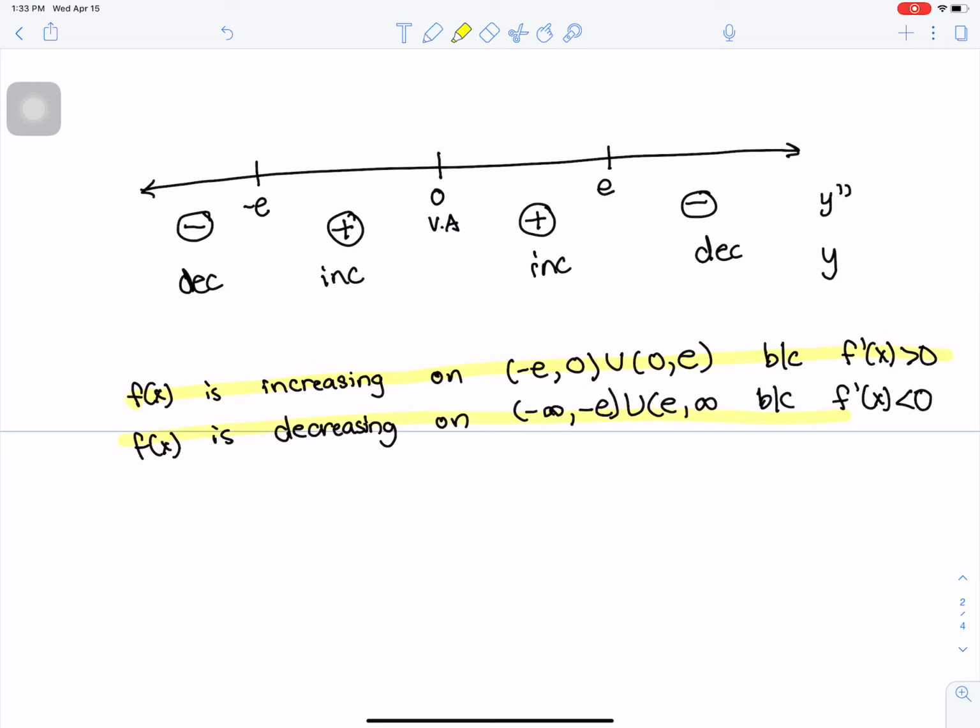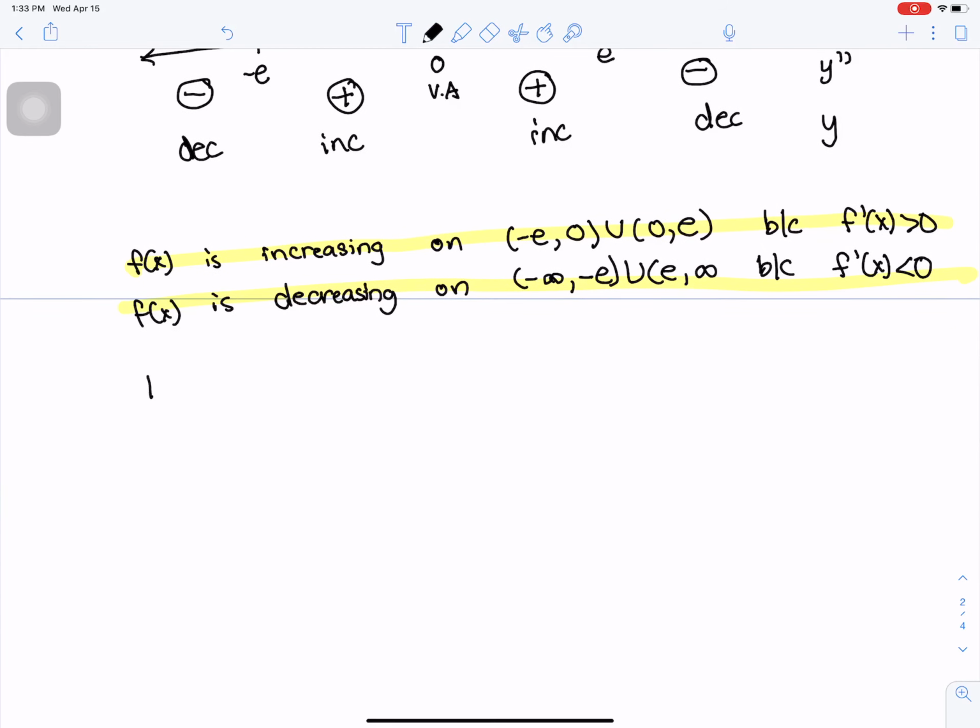Next, we want to label the local maxes and local mins. So there's a local minimum at negative e, because the sign is switching from negative to positive. And there's a local maximum at positive e.